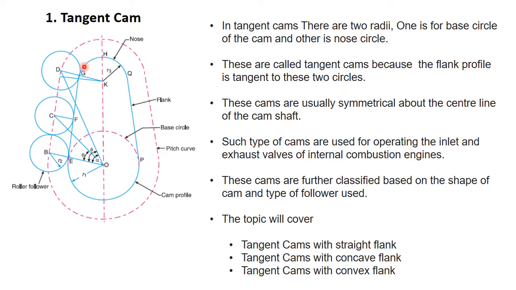Let us understand some of the terms used in this case. So this is the nose, this is the base circle, this is the pitch curve which traces the center of the roller follower, this is the radius of the roller follower. Then these tangents, this tangent here and here, that is the tangents on both sides, are called the flank.